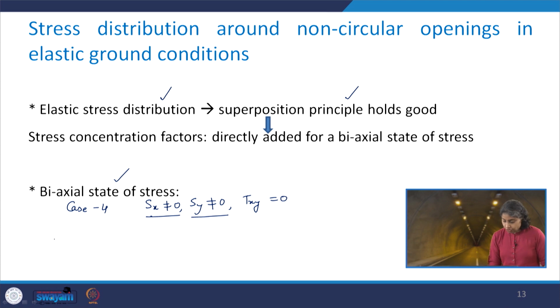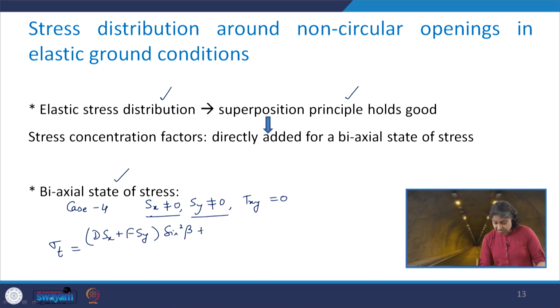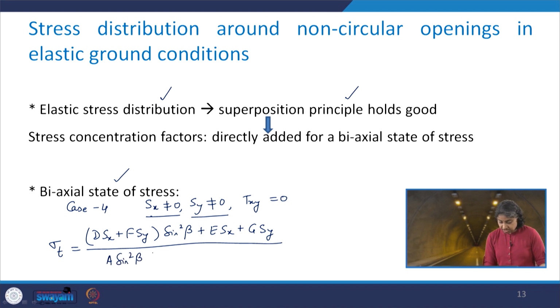So, ultimately what you get here is sigma t equal to (d Sx + f Sy) sin² beta + (e Sx + g Sy) divided by (A sin² beta + B cos² 2 beta + C).